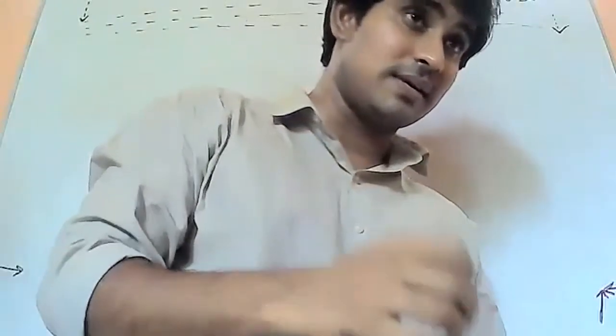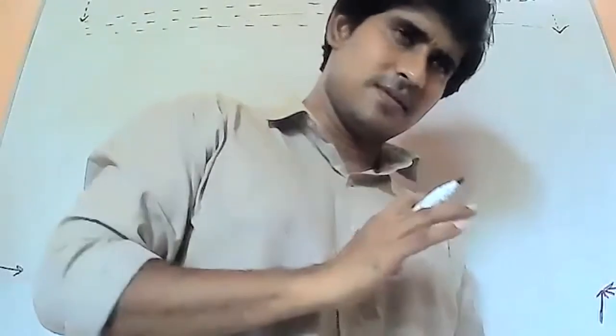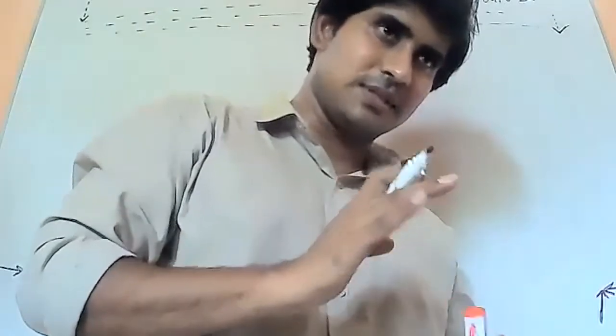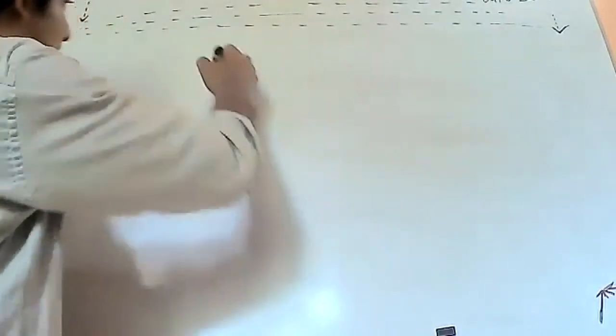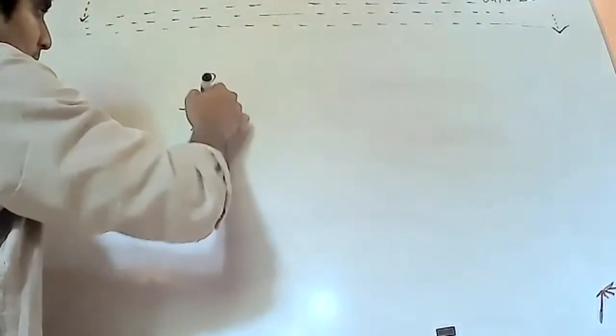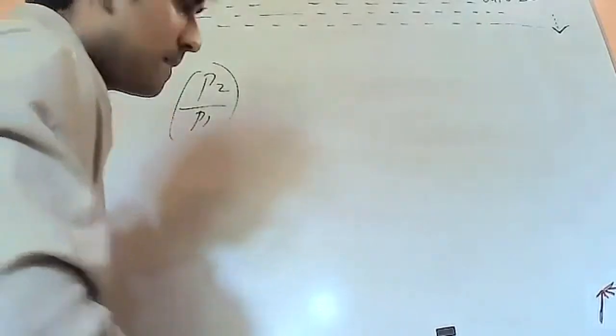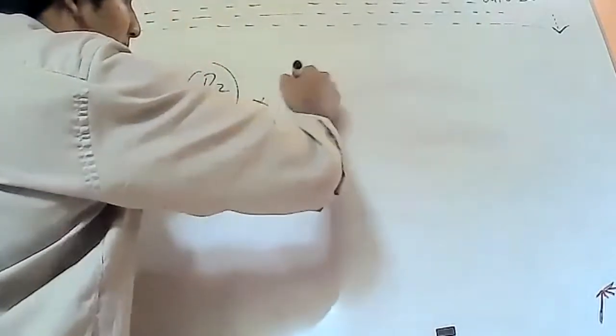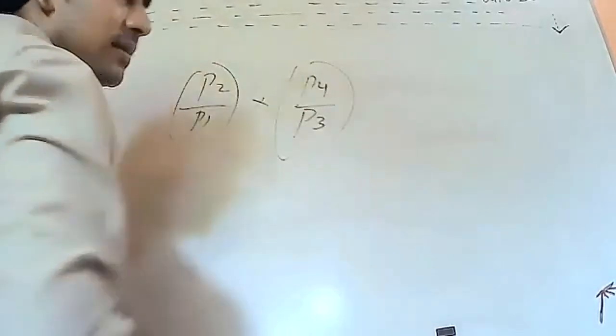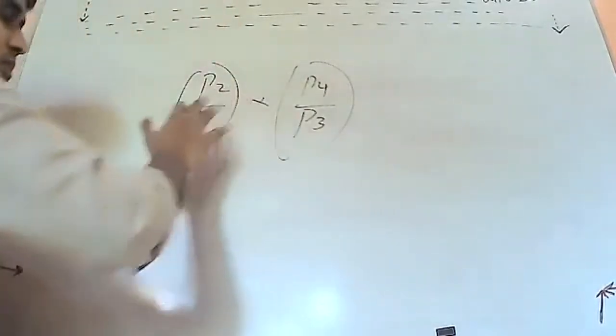Let me teach you about the compression ratio, because you need to have that particular idea. From the first compression there is a certain pressure ratio. What is the pressure ratio under the first compression stage? P2 divided by P1. What is the pressure ratio of the second compression stage? P4 divided by P3. So this is also a ratio.